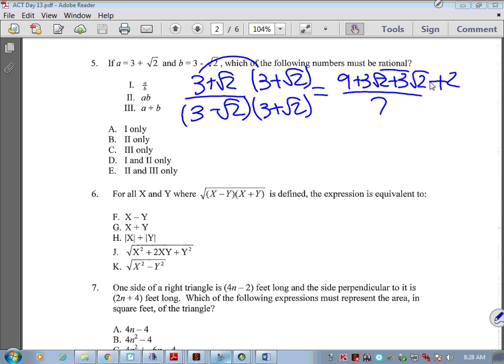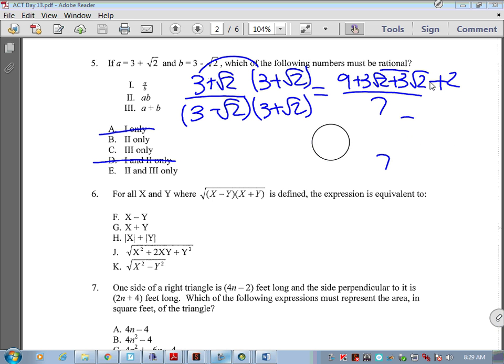So I'm going to end up with 11 plus 6 radical 2 over 7. But that radical 2 right there puts a real kink in the works, because radical 2 is irrational. So as long as I've got an irrational in there, it's going to be irrational. So I know that it cannot be 1 only, it cannot be 1 and 2 only, because I can't include 1. 1 is irrational.